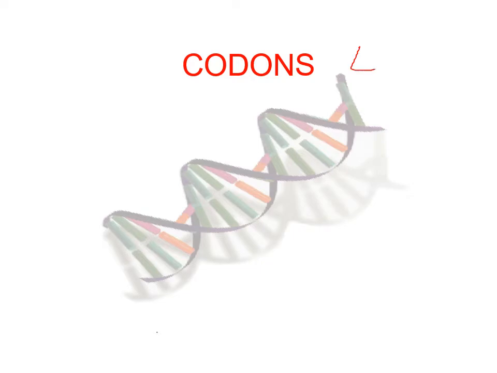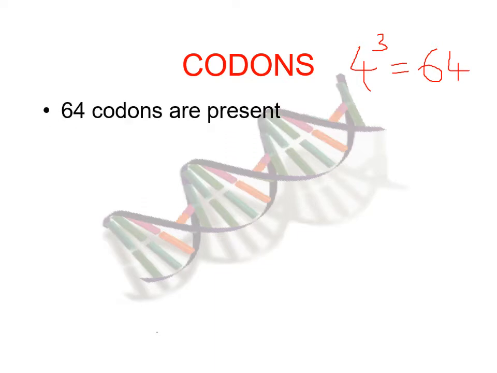Whereas 4 nucleotides in a combination of 3 can give rise to 64 combinations. So 4 to the power of 3 is 64. Therefore, in the genetic code, there are 64 codons.